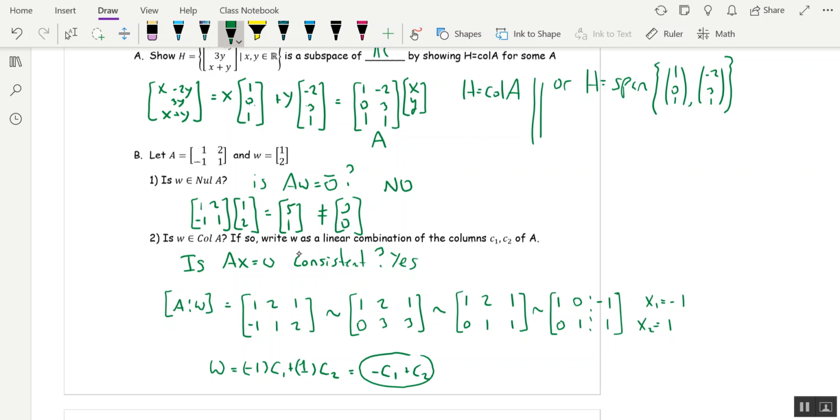Just to be safe, let's check that. Is W, which is 1, 2, actually equal to negative C1, which would be negative 1, 1, plus C2, which is 2, 1? Negative 1 plus 2 is 1, and 1 plus 1 is 2. Yes. So W is in col A.